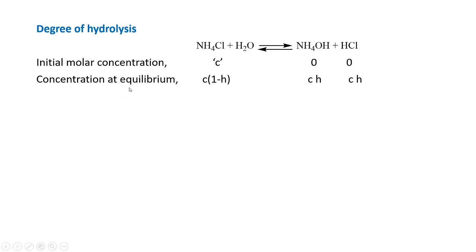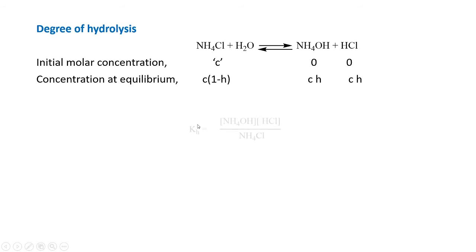Then the concentration at equilibrium for NH4Cl is C into (1 minus h), and for ammonium hydroxide is C into h, and for HCl is also C into h. Here h is the degree of hydrolysis of a salt.